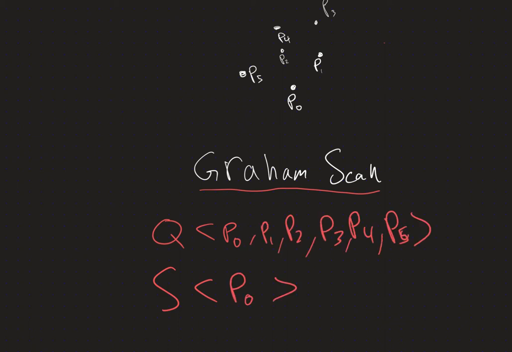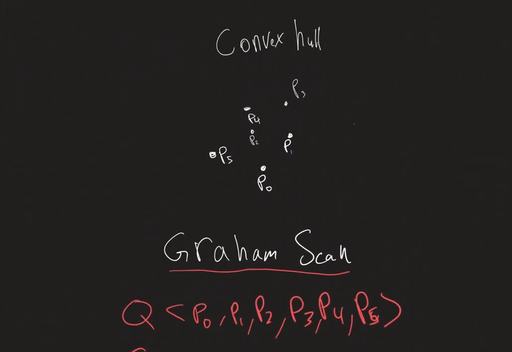And the way we construct our set Q is by choosing our initial point to be the lowest point out of our set. So in this example, we already marked it as P0.